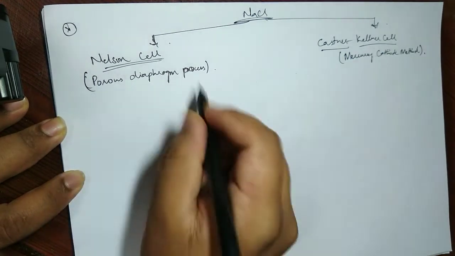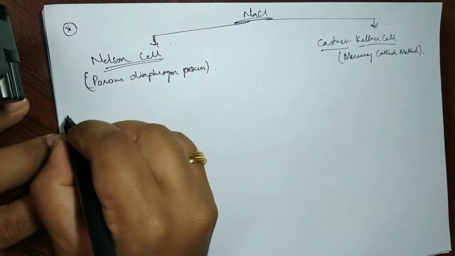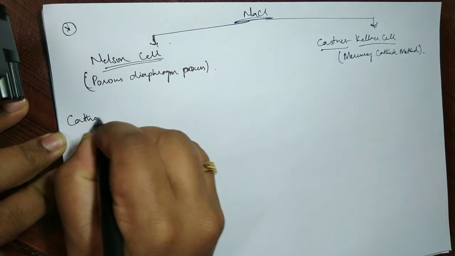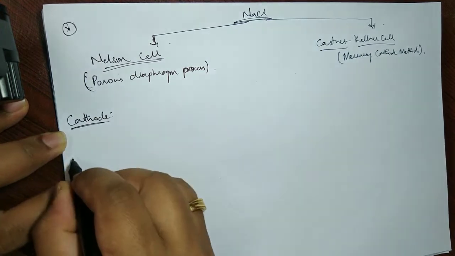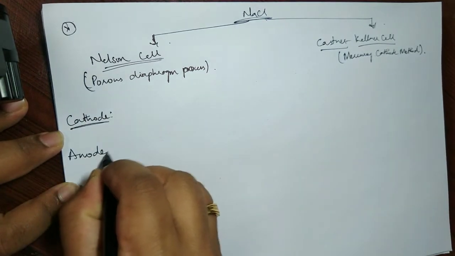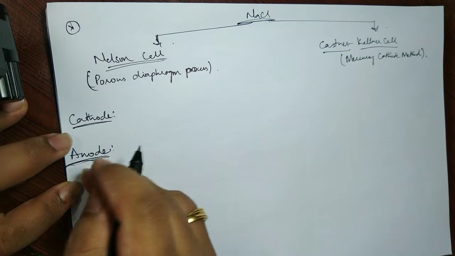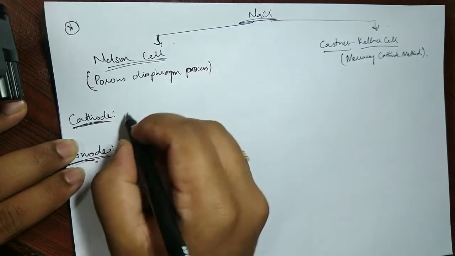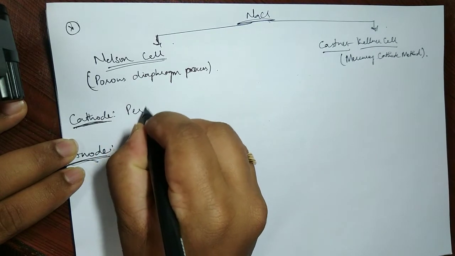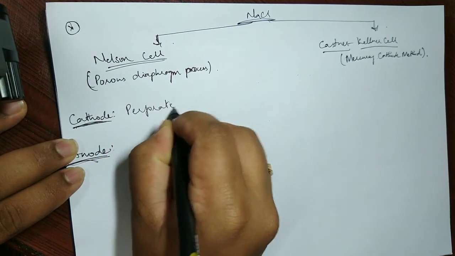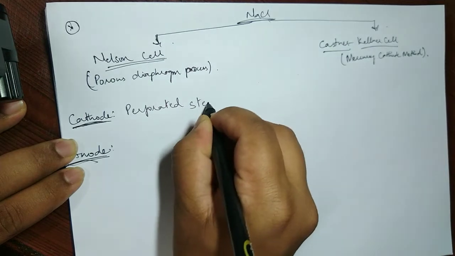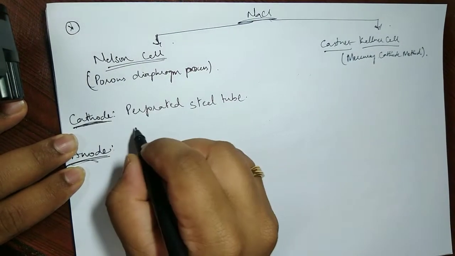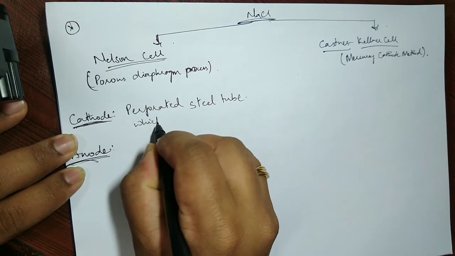For example, in the Nelson cell, everything depends upon what the cathode is, what the anode is, and what the reactions at the anode and at the cathode are. So the cathode in the Nelson cell is a perforated steel tube, which is lined with asbestos.